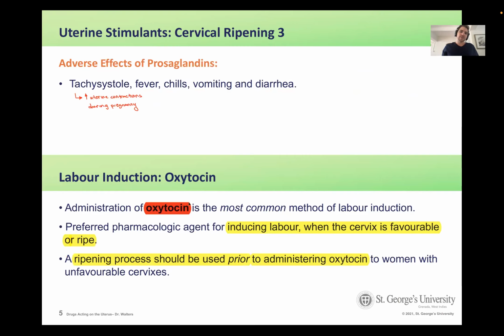The big one you need to know here is oxytocin. Oxytocin will cause contraction of the uterus, so giving it will induce labor. Also, you can give it if there is postpartum bleeding, because contraction of the uterus will also cause contraction of the vessels, so it will prevent postpartum hemorrhage as well.